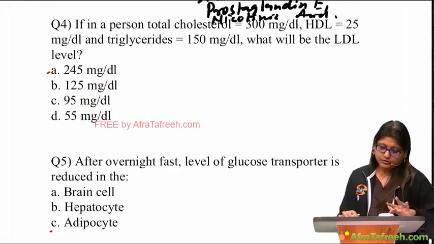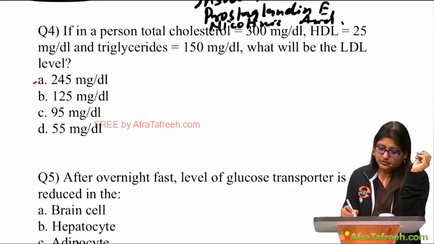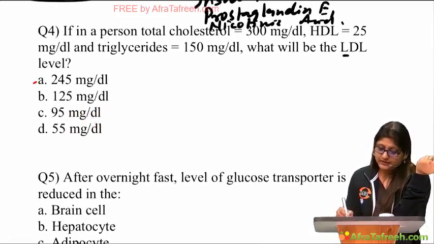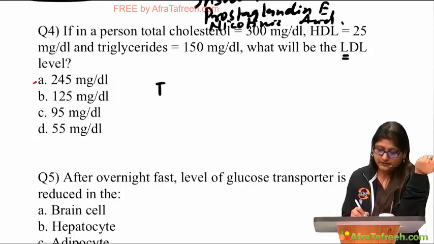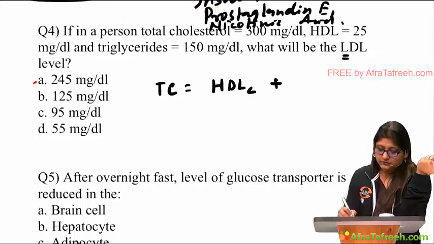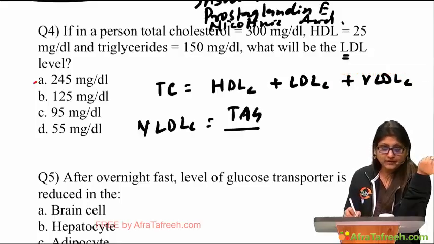Coming to the fourth question. This is talking to you about total cholesterol value given, HDL value given, triglyceride value given, and LDL is to be calculated. So total cholesterol is the HDL cholesterol, LDL cholesterol and VLDL cholesterol. What is VLDL cholesterol? It's triacylglycerol divided by 5.